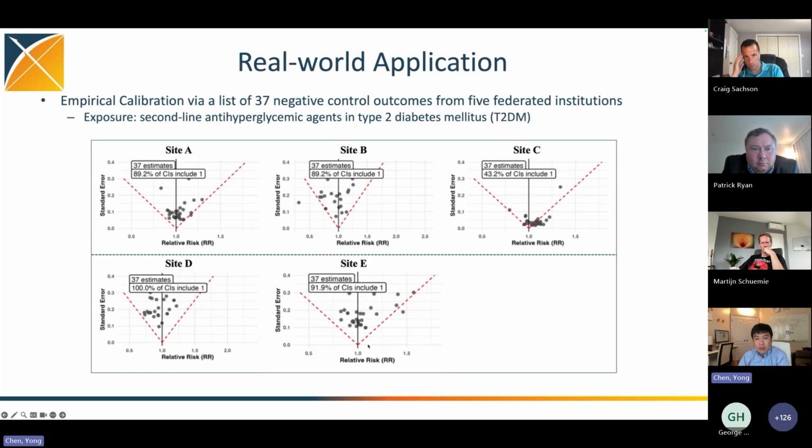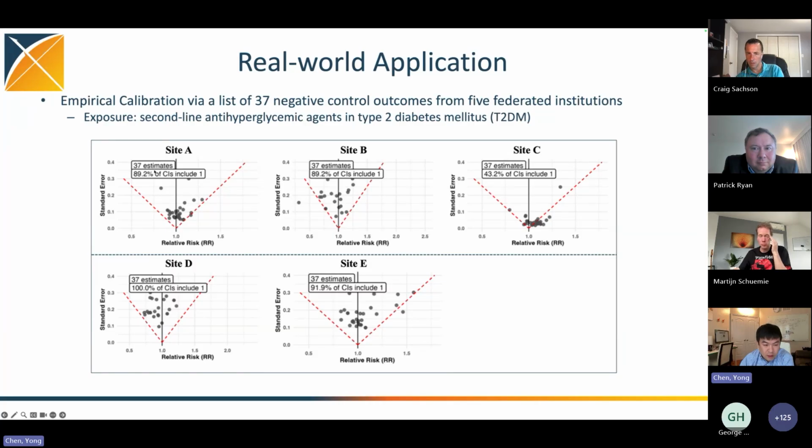Let me give you an example. Again, this is not simulated data. This is data from the LEGEND type 2 diabetes study published in JAMIA. Here we have 5 sites and a list of about 40 NCOs.